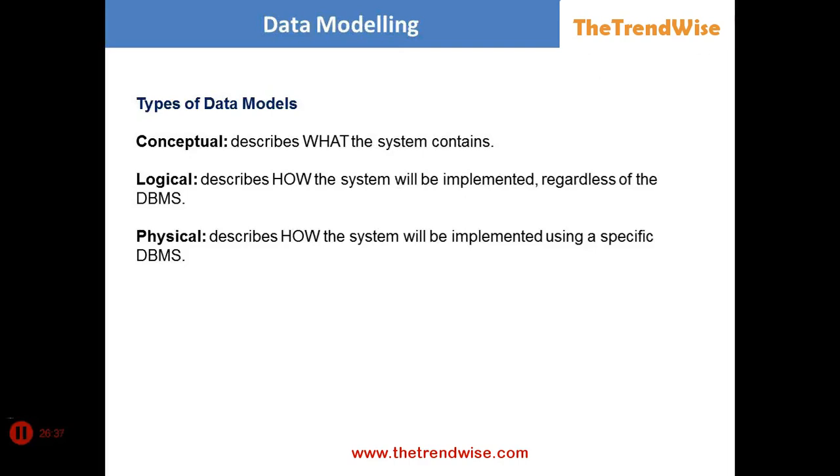We'll discuss all of that, but here just to give you an idea about what an SRS does. Once the SRS is made, then it is given to the data modeler.